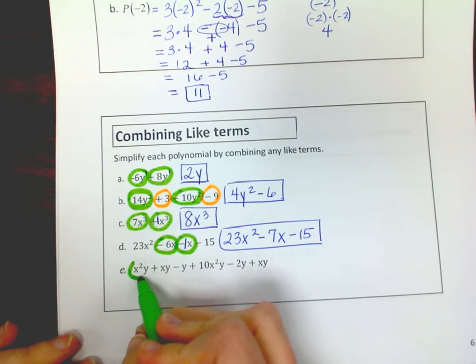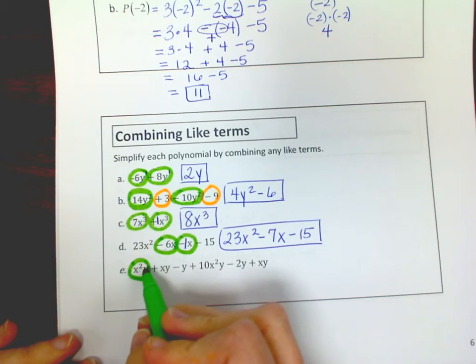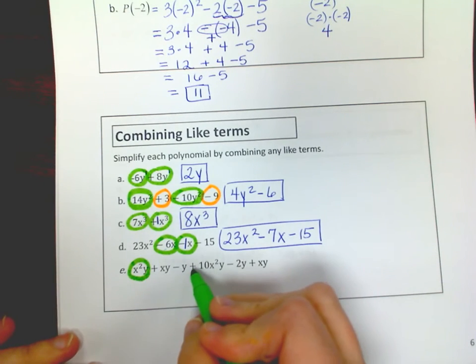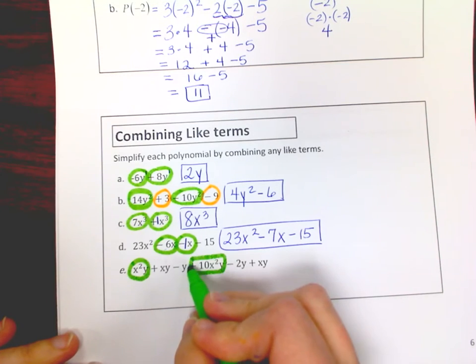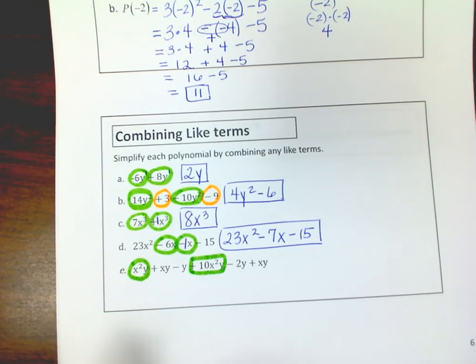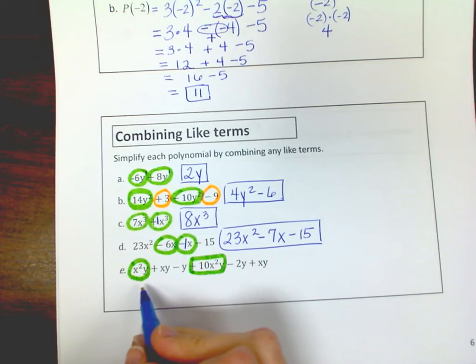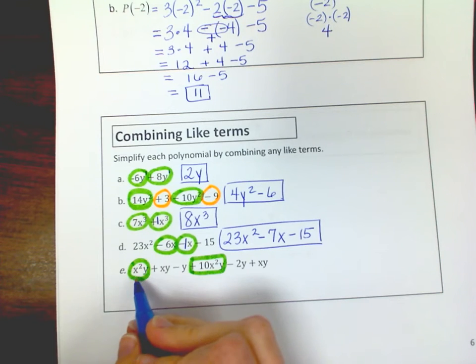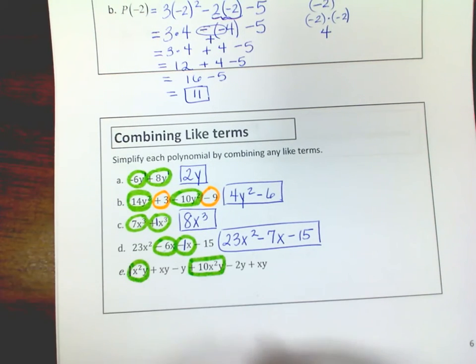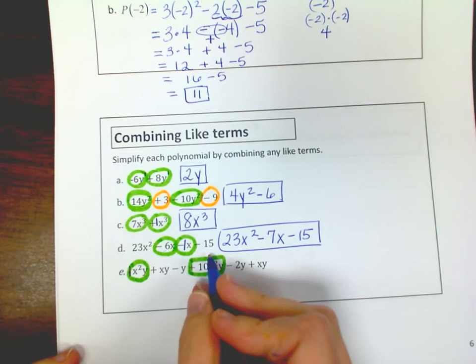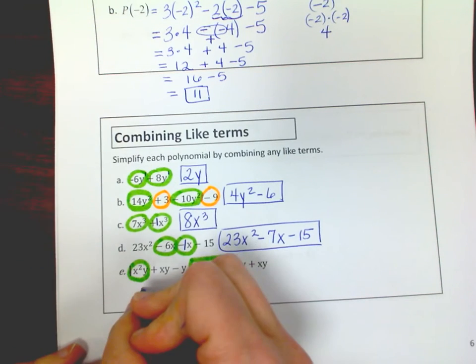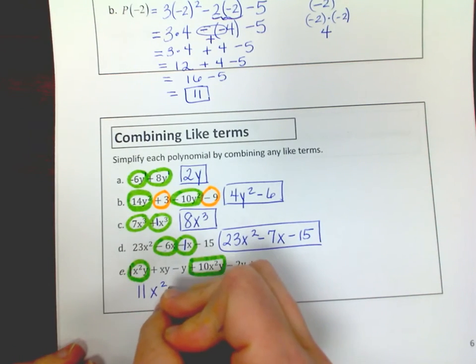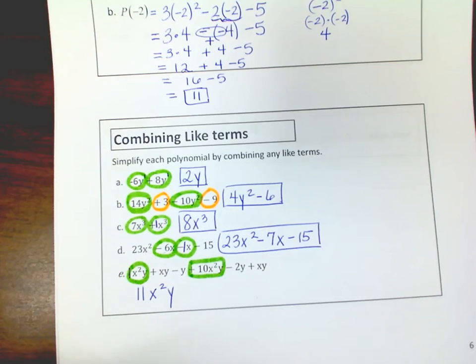So what we do is we have to come over here and look for anything else that has x squared y. And we see that right here, this positive 10x squared y. So let's go ahead and join those together. This is like a 1x squared y with a 10x squared y. So that's going to be 11x squared y.